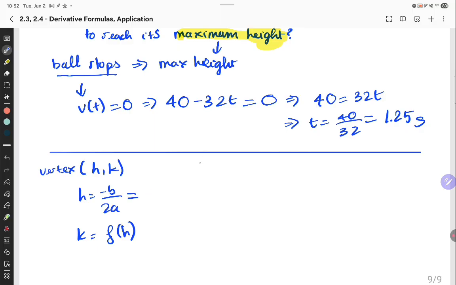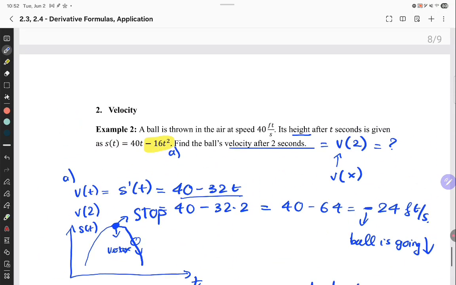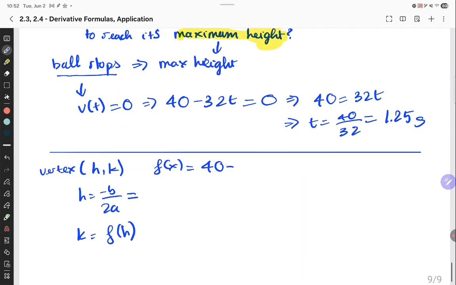Negative b. Okay, so let me write down the equation. f of x equals 40t minus 16t squared. Rewrite that, so I know which one is a, which one is b. b is 40, negative 40 over 2 times negative 16.